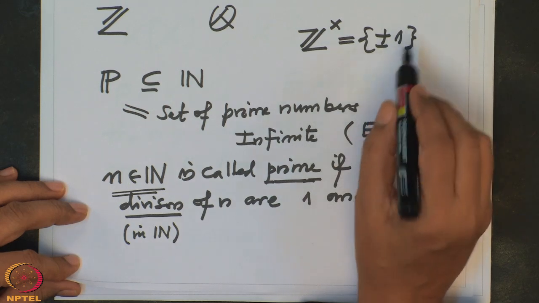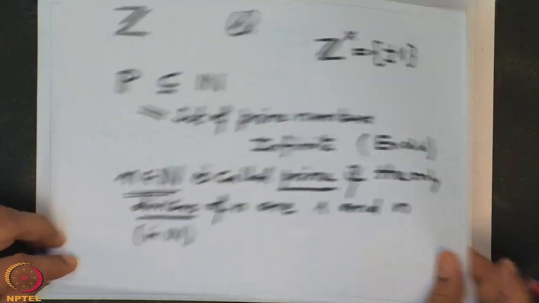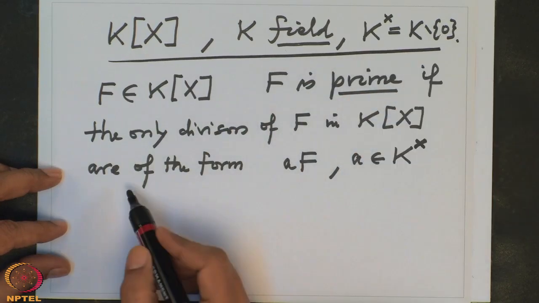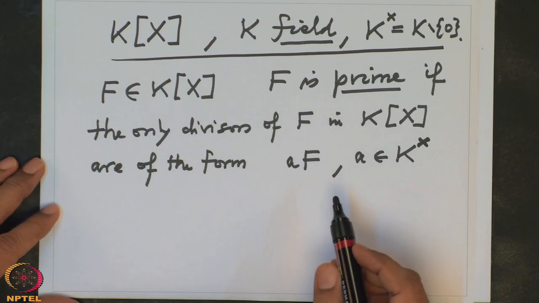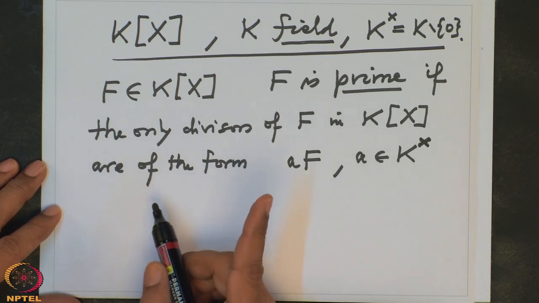Minus 1 was rejected because of this assumption. So it is only 1 and n. In this case, these are exactly the prime elements. This is also not very satisfactory, as I will show you as we progress.